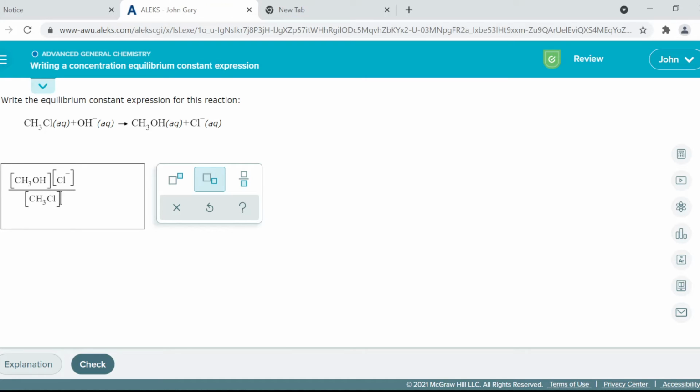Now, notice that these are not added together, they're multiplied together. So don't get confused and put your pluses in there. The pluses only go where the reaction is, not in the equilibrium constant. I need to add a little minus there.